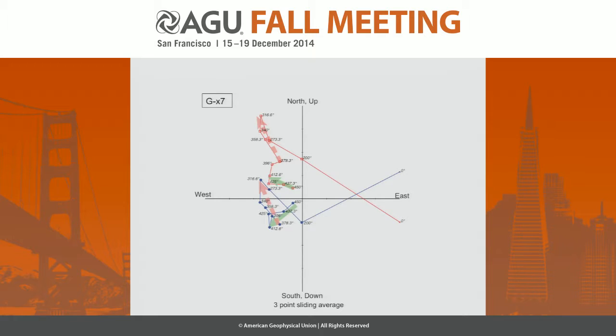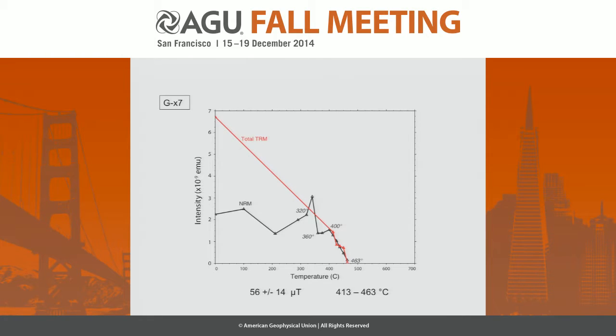When we focus, though, on this higher temperature interval, so here in this plot I've got these red arrows showing the temperature interval that may have been affected by shock, and then a higher temperature component. The paleointensity, so this is a total TRM experiment, on this higher temperature interval that has not been affected by shock records a fairly high value, 56 plus or minus 14 microtesla.